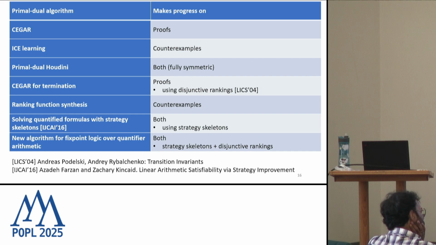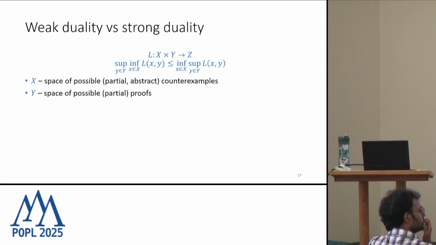Using this perspective, it combines strategy skeletons and disjunctive rankings to get an algorithm for validity of a combination of fixed point logic and quantifiers. So you can imagine how the disjunctive rankings are related to the fixed point logic and the strategy skeletons are related to the handling of quantifiers.